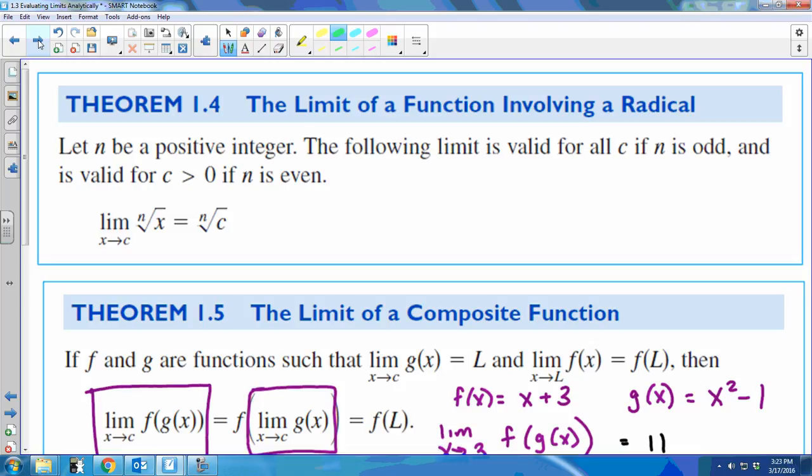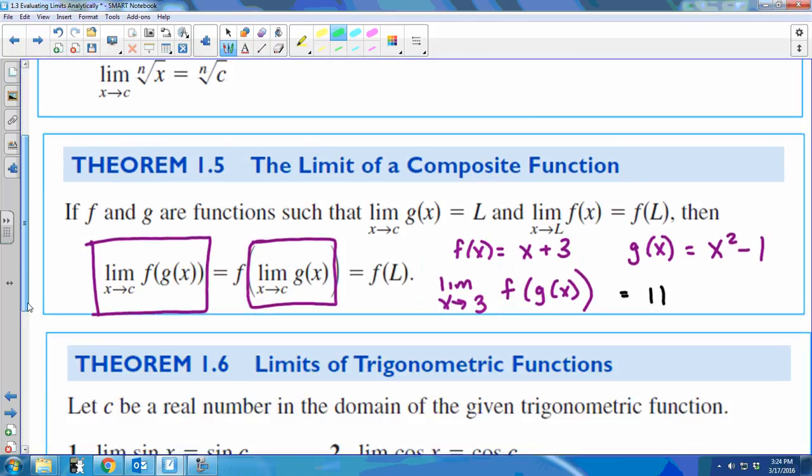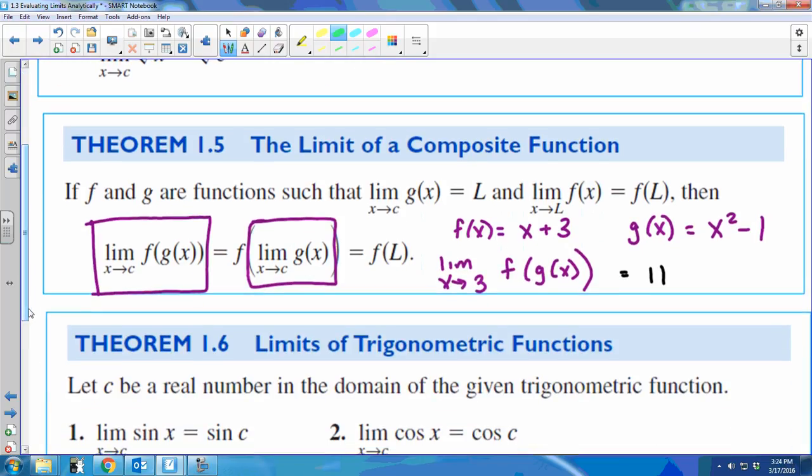If you have a root, this works. You can just substitute your x value into the root as long as you're not trying to take the square root or an even root of a negative number, because we all know that can't work. Okay? And then composite functions. If you have 2 functions and try to find the limit of f of g of x, then you find the limit of what's on the inside, and then you just find the function value of that limit.